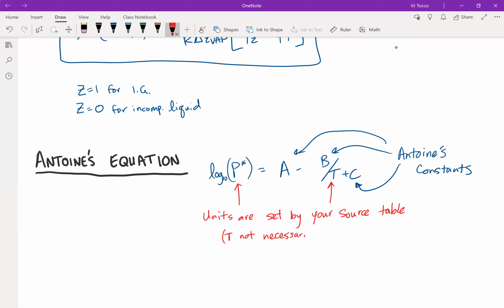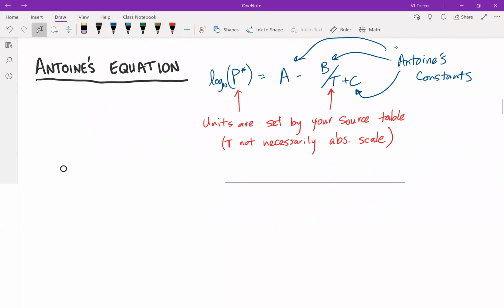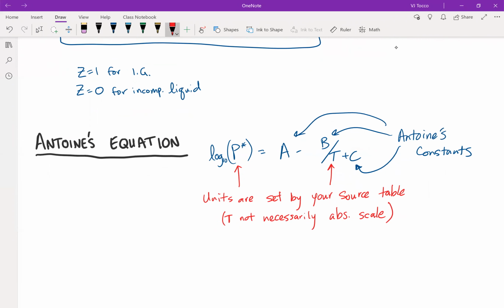This is one of the only engineering equations I know that uses temperature that doesn't necessarily have to be on an absolute scale. Also, your table may say it's ln here instead of log, and that just depends on the table. Whatever Antoine's constants you are given by the table, you want to use the form of Antoine's equation for which they were fit.